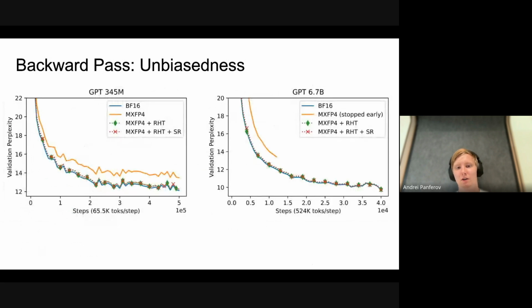In their paper, they've shown that this unbiasedness, this stochastic rounding, although it leads to higher noisiness of the gradient, has a very interesting property: it actually leads to an unbiased gradient estimation. They've shown that it improves convergence, but we went a little further and tried to describe why it improves convergence and when exactly it's worse or better.